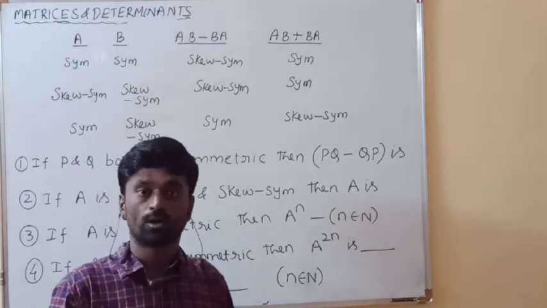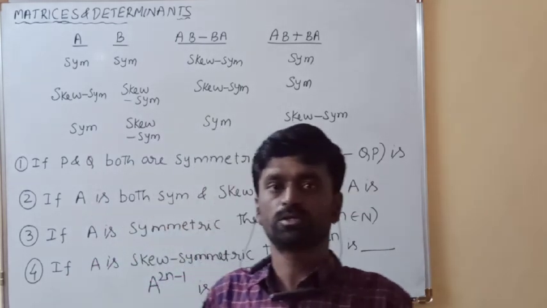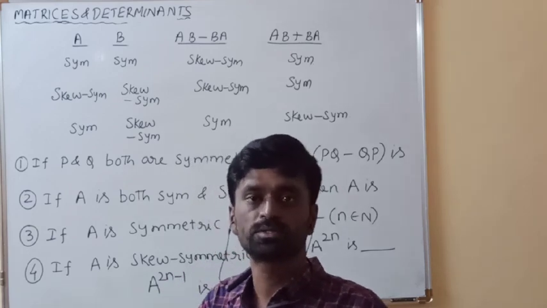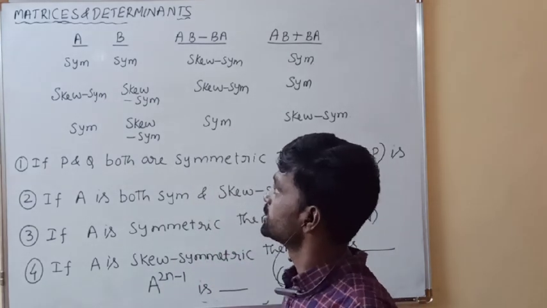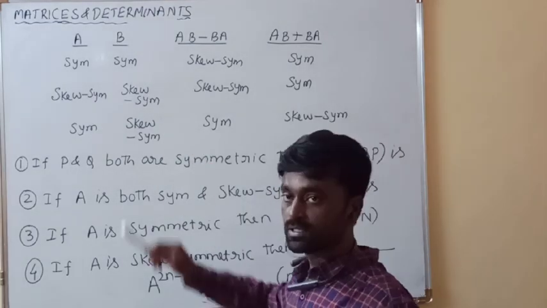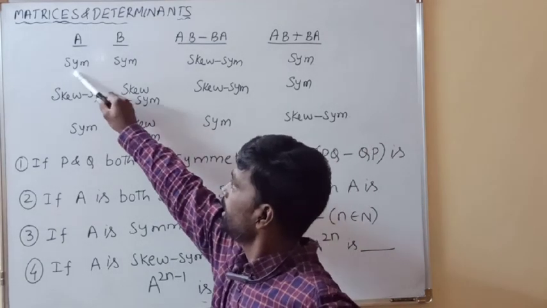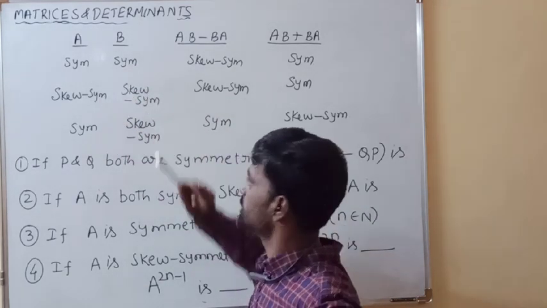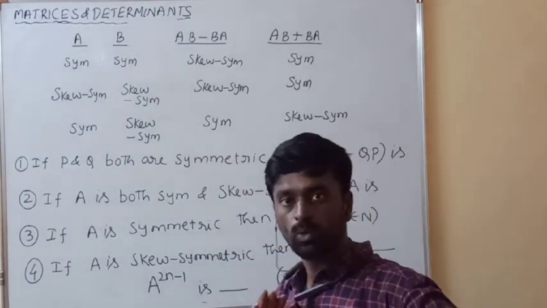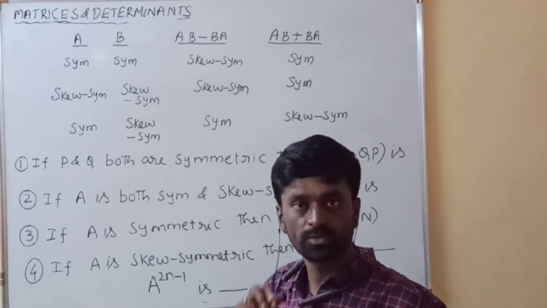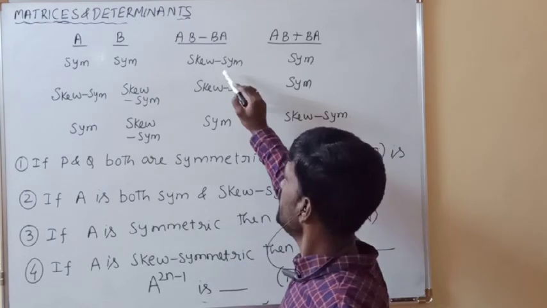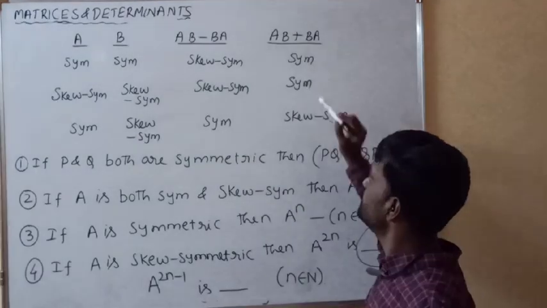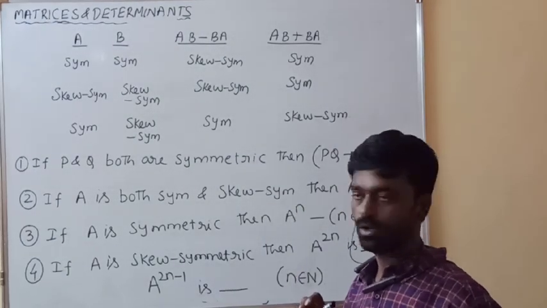Now look at the next set of problems. These problems are conceptual problems based on the properties of symmetric and skew symmetric matrices. First look at this table. If A and B both are symmetric or both are skew symmetric, then AB minus BA is skew symmetric and AB plus BA is symmetric.